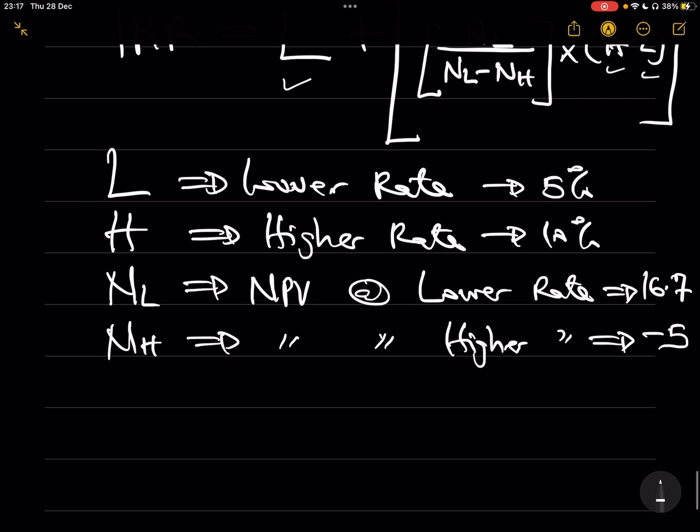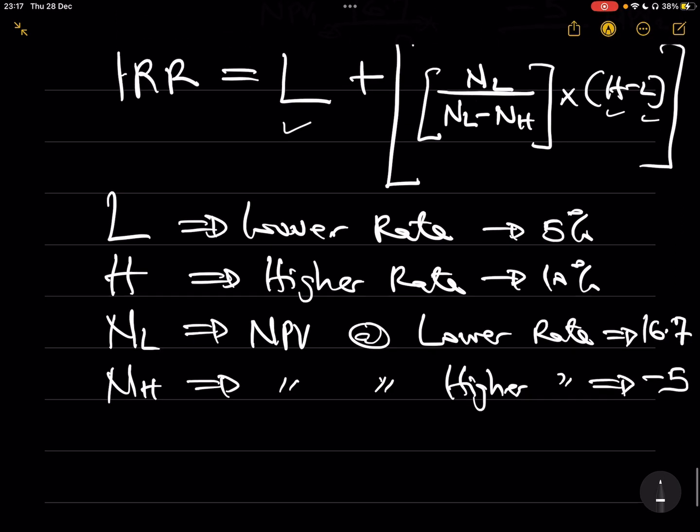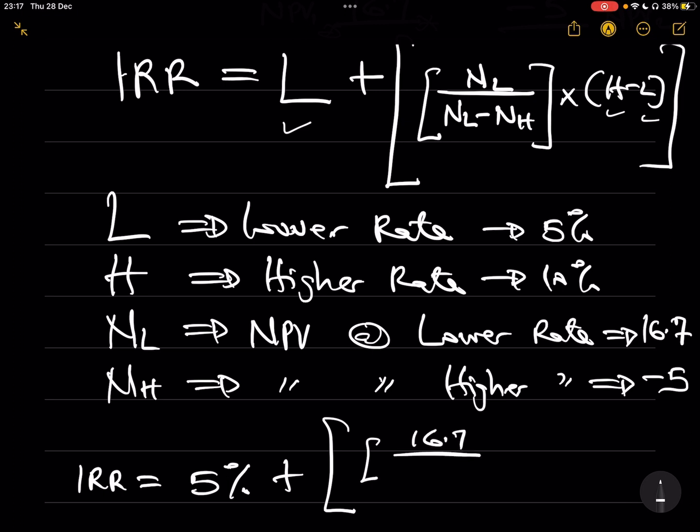So it's just to apply the formula, which means our IRR is done. That equals 5% plus NL, 16.7, over 16.7 minus minus 5. Then multiply by 10% minus 5%.